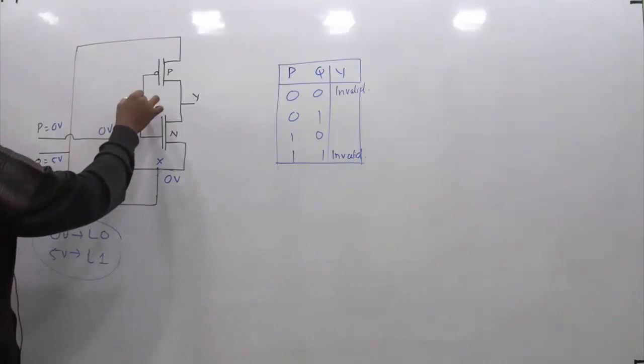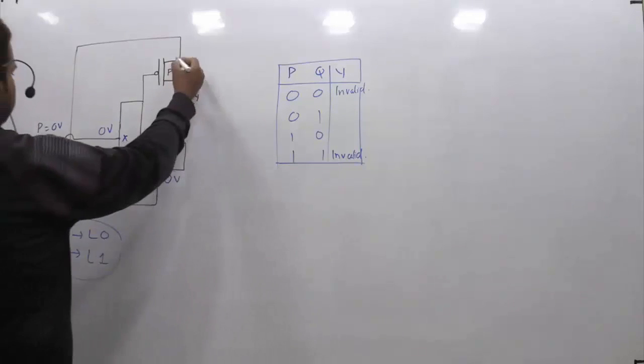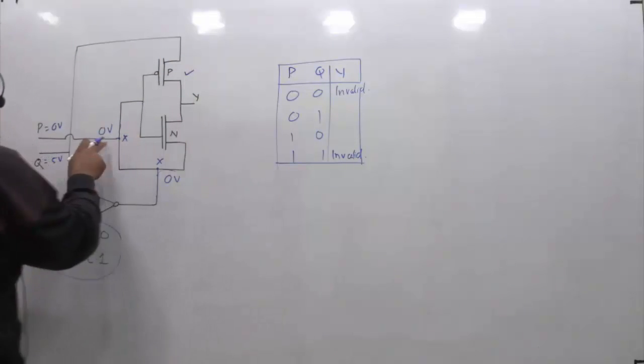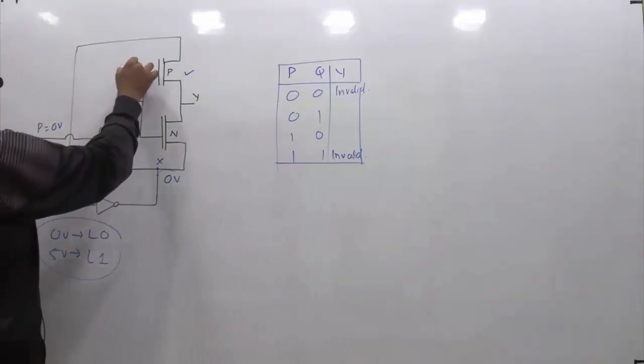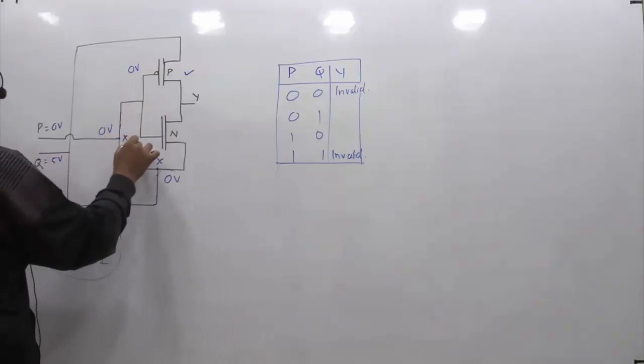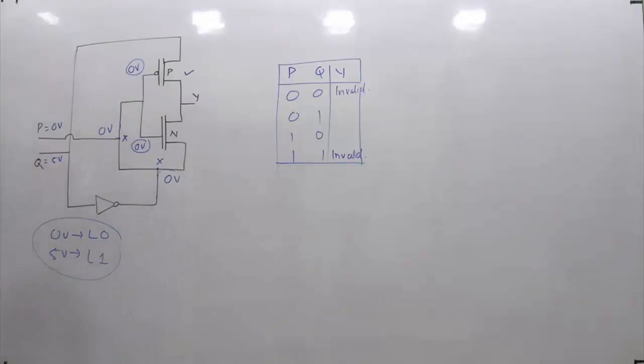Now what is happening is, to this we are giving the input 0. If you give this 0 to this, what's going to happen? This particular PMOS will be on and this will be off, because if X is 0, that means to this we are giving 0 volts, and to this also we are giving 0 volts, because this is the same line, right? 0 volts means PMOS is on and NMOS is off.